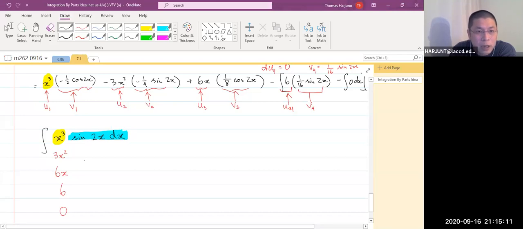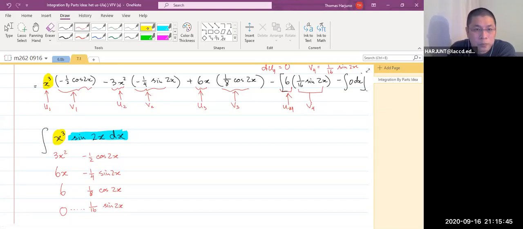When I integrate that, I get negative 1/2 cosine 2x. Integrate that again, 1/4 sine 2x. Integrate that again, 1/8 cosine 2x. Integrate that again, 1/16 sine 2x. And I stop because it's already parallel to 0.